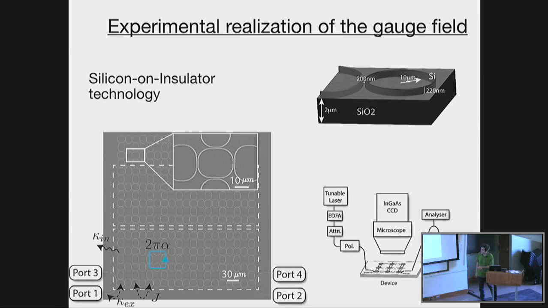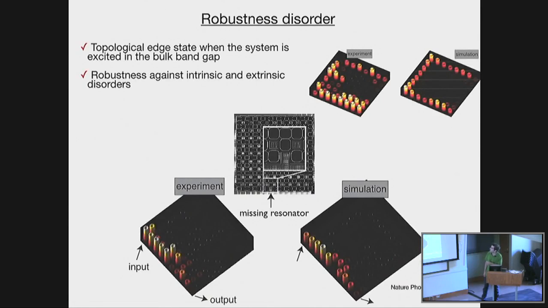Now, if I excite the photon in that specific energy, then the photon should go around the edge of the system. If I excite it in the bulk, it should go into the bulk. These resonators are not perfect. They scatter light. So if you put a camera, we can actually see where the photon is propagating inside this material. Okay? So in particular, if I tune my frequency to be in one of these edge modes, I propagate around the edge of the system.